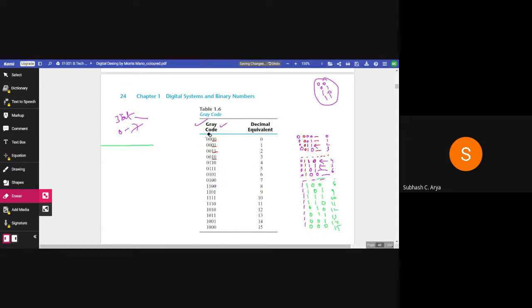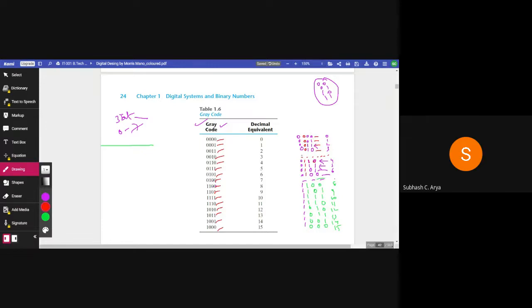I hope I'm able to make you understand. Okay. So you see 0, 1, 2, 3, 4, 5, 6, 7, 8, 9, 10, 11, 12, 13, 14, 15. You check randomly. Whatever is written here, the same I also got. But what is that principle?